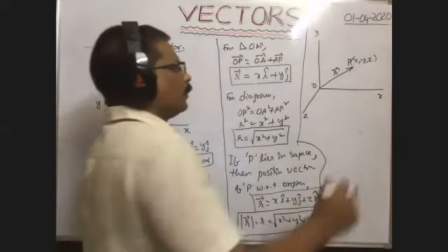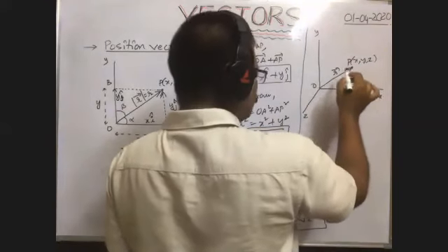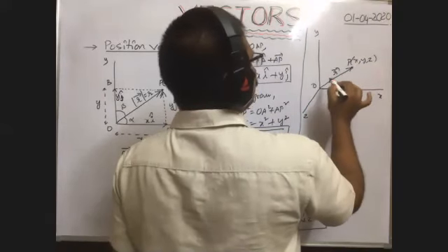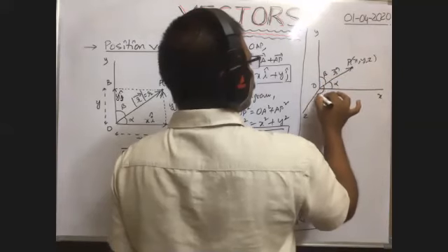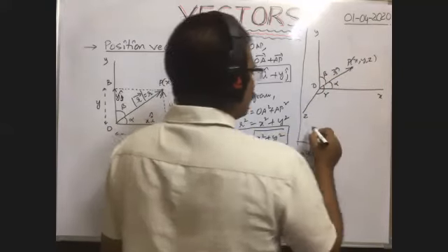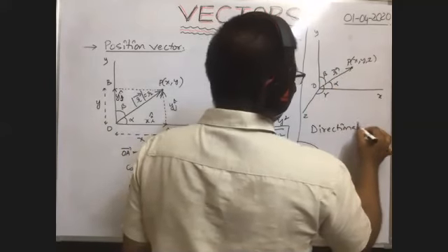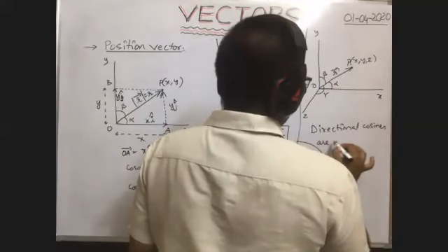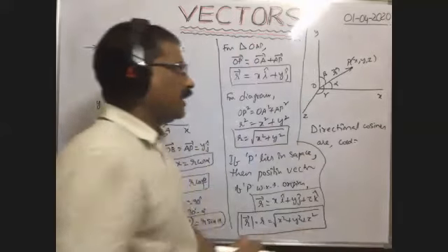Suppose the angle made by this vector with the x-axis is alpha, with the y-axis is beta, with the z-axis is say gamma. Then the directional cosines are as follows.